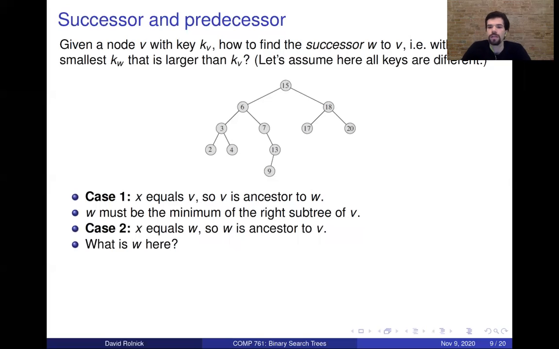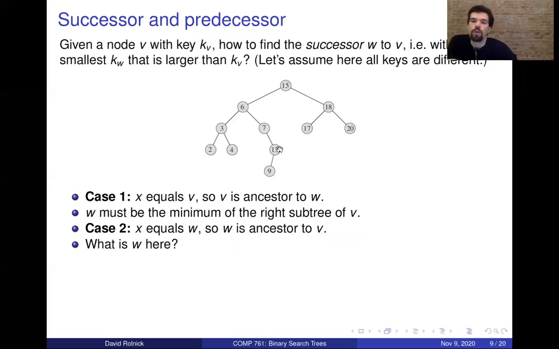It's the first one such that you are on the left-hand side of it. Alternatively, it's the first one which is just greater than v. So if you're at 13, you keep on going up. You're like, OK, 7, 6, those are both smaller. 15, that's bigger. Great, done.